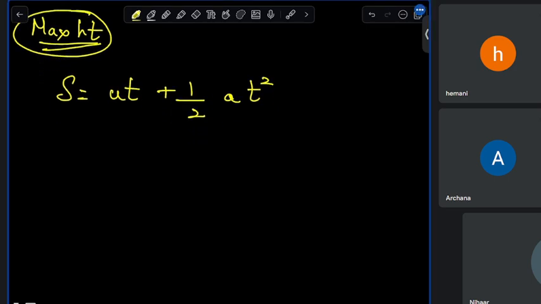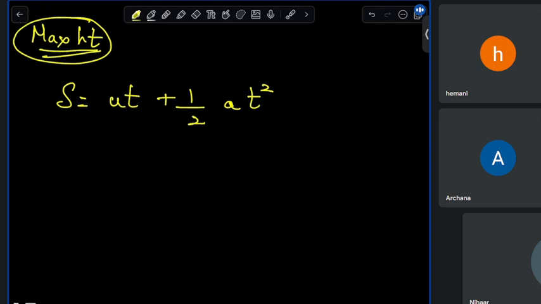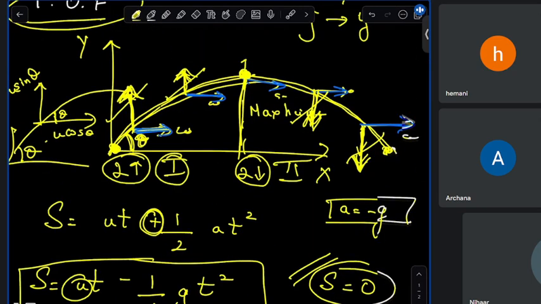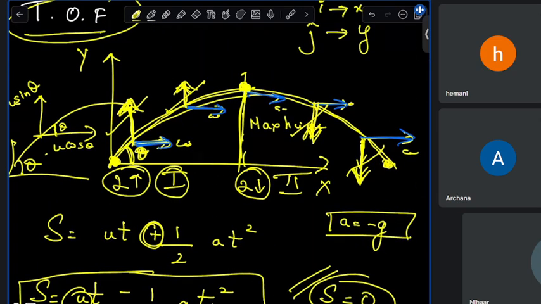Guys, for max height also we use the same formula, but the problem here is, look at the diagram. Max height was attained exactly at half time. The common sense here is the full journey took TF, the time of flight. To reach max height, it is going to take TF by 2. Exactly at half it reached max height.